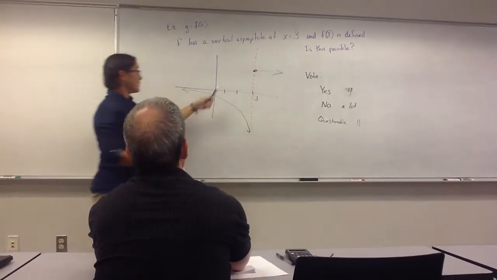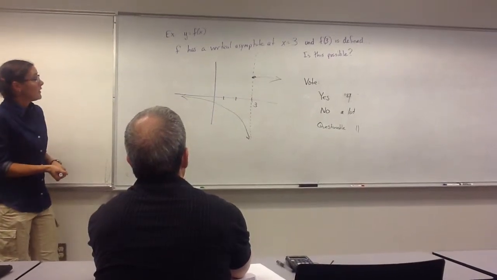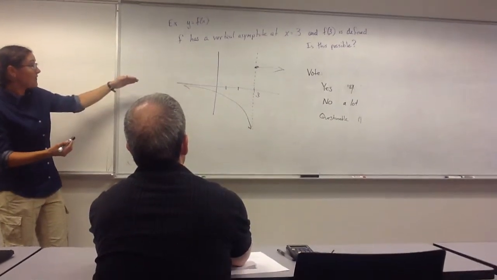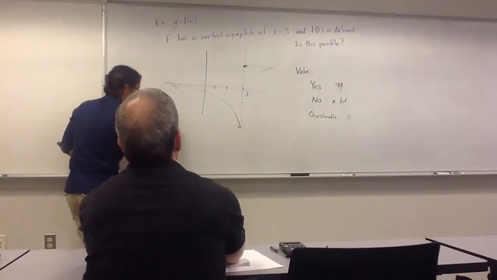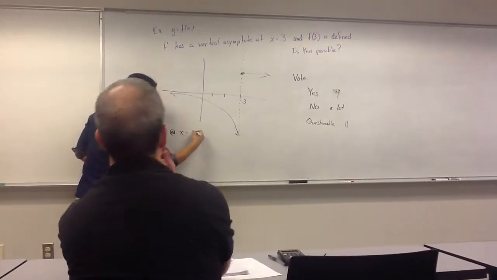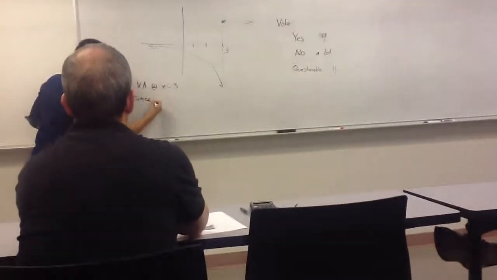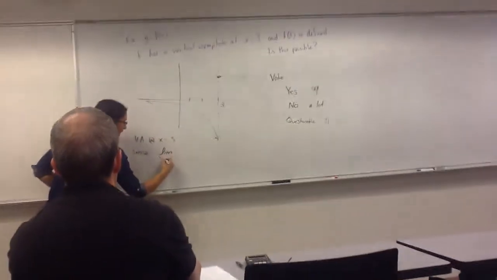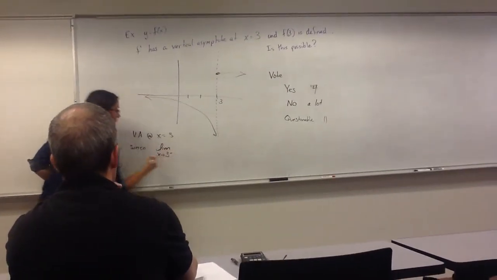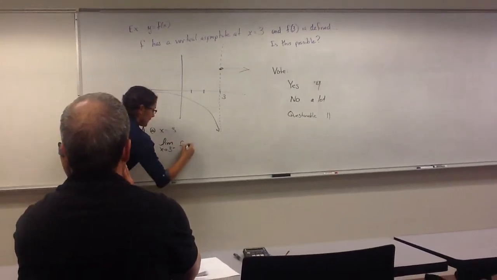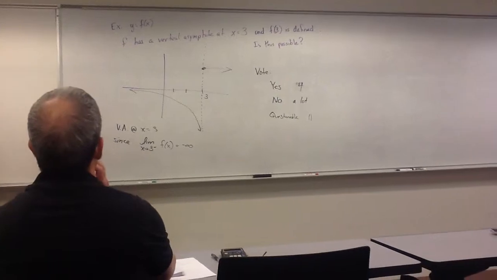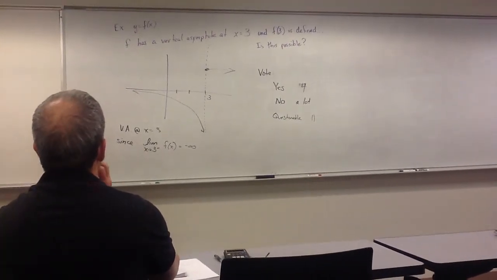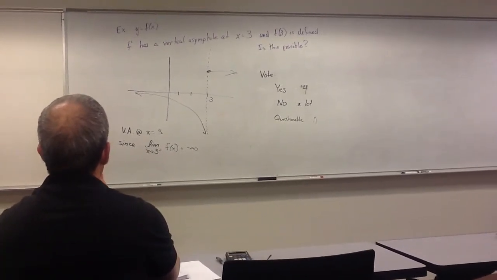So this is a function. And we do have a vertical asymptote at x equal to 3 because the limit as x approaches 3 from the left of this function is equal to negative infinity, which is enough to give us a vertical asymptote based on our definition.